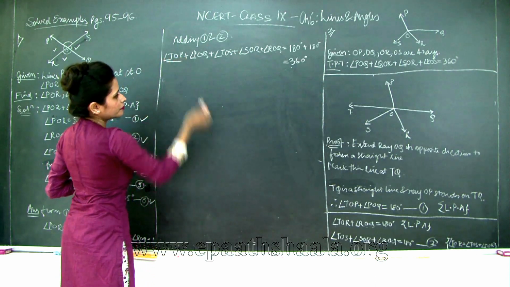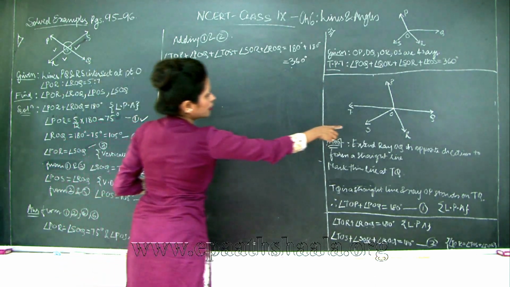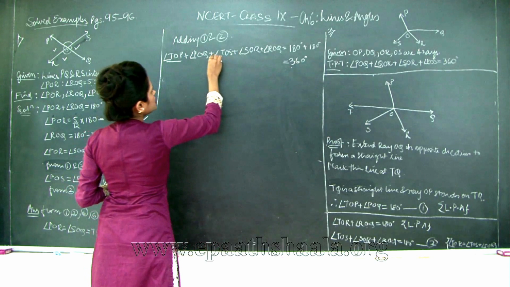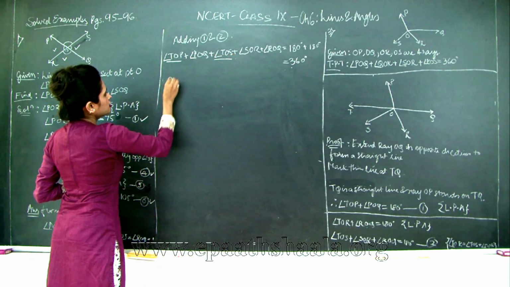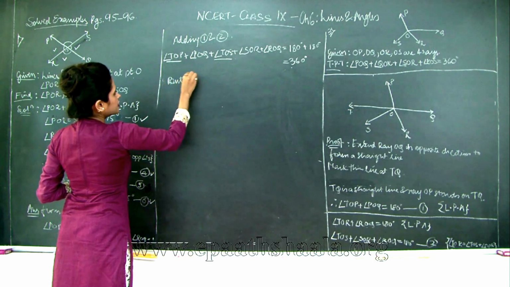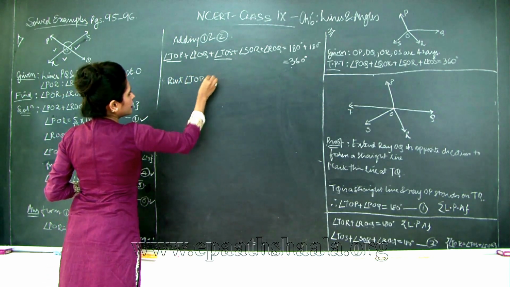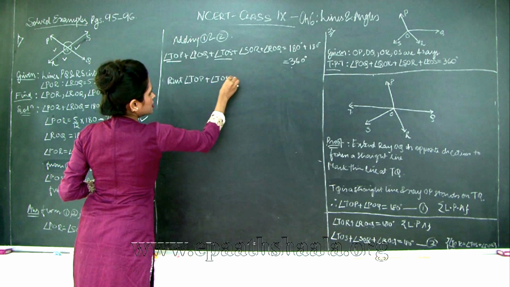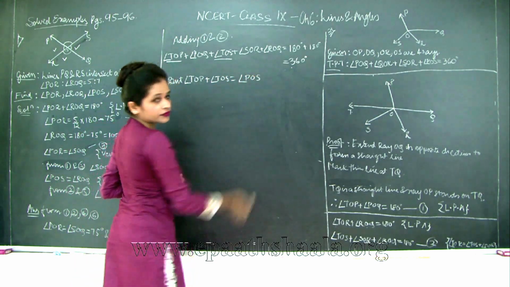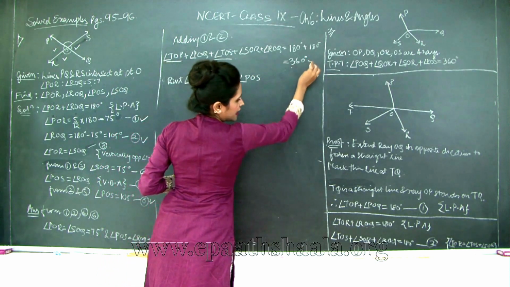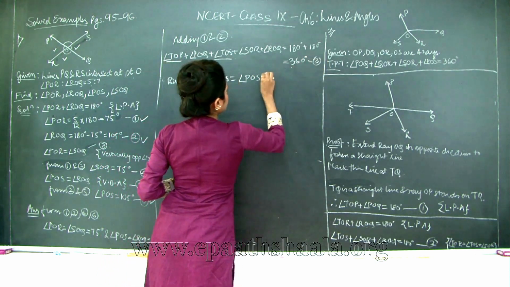So, TOP and SOT. So, this is TOS. Correct? So, I'll say but angle TOP plus angle TOS is equal to angle POS. Correct? I'll mark this as 3 and this statement as 4.